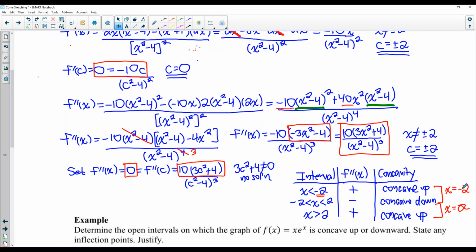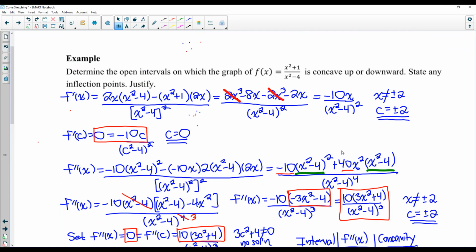Now, these actually aren't inflection points because if you go all the way back up to the original graph, the original graph already has non-permissible values if x cannot be equal to plus or minus 2. Those are vertical asymptotes, okay? Not inflection points. I'll show you what the graph looks like.